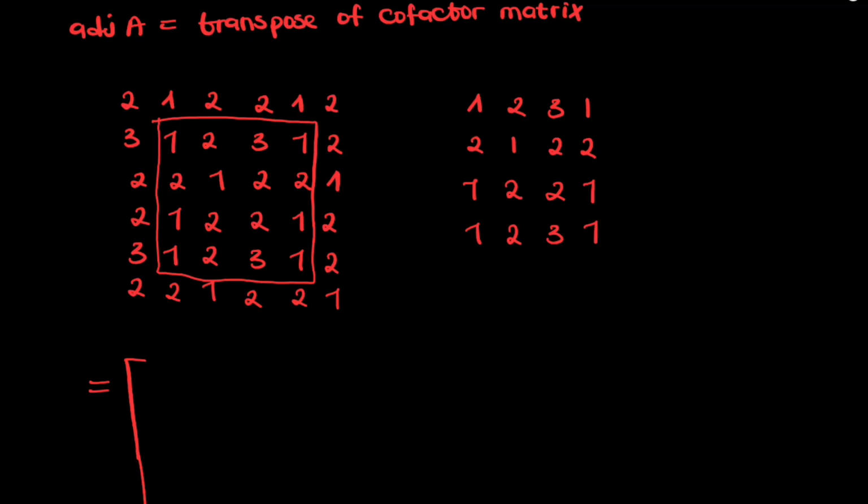So we have our big bracket. We take the first 2 by 2 matrix: 1 times 1 minus 2 times 2. We take the second: 2 times 2 minus 1 times 3.